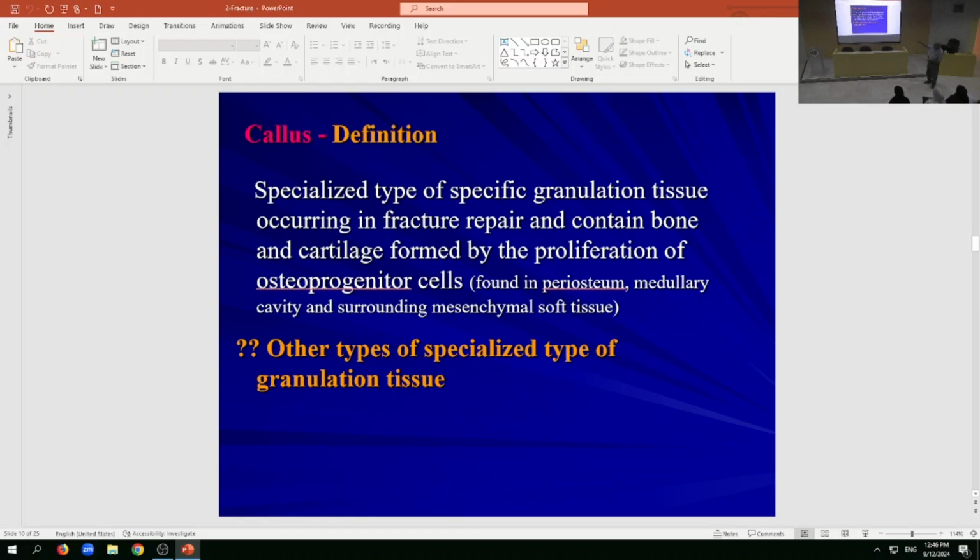Osteoprogenitor cells are the cells which make the bone, but the inflammatory exudate, the granulation tissue itself, is made by the trauma.